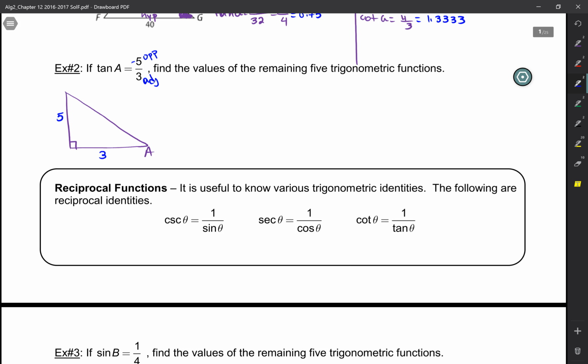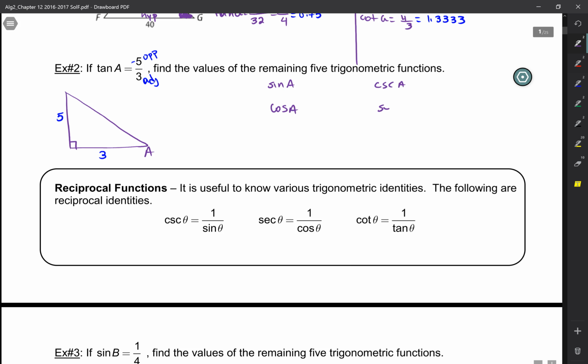Now, I need to find the other trig functions. So for example, I need to find sine of A, cosine of A, cosecant of A, secant, and cotangent. All right, now, how would I find this other side? Right, which theorem is that? Okay, what does Pythagorean, what does that word end with? What letter? An N, right?